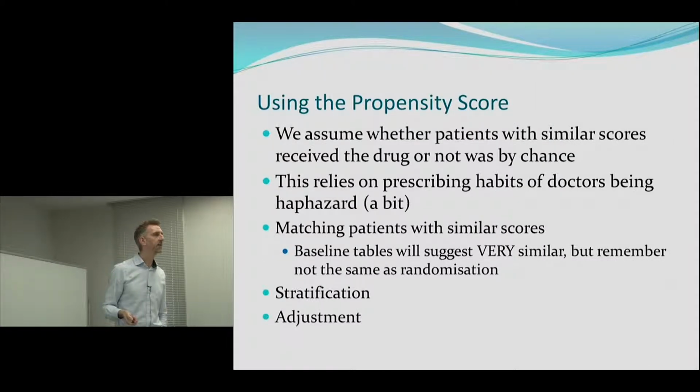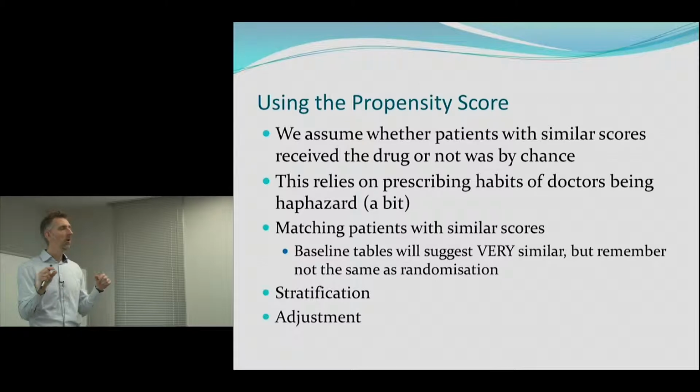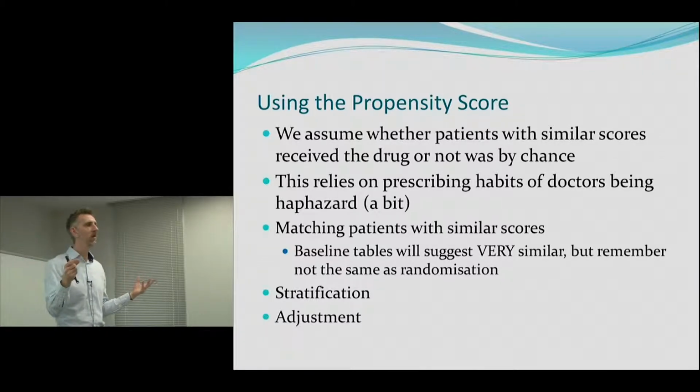Any other questions up to this point? No. Okay, so we've calculated our propensity score, having run this logistic regression model with those 30 variables, calculating for each individual patient their propensity score. We then assume that within a level of the propensity score, whether a patient received the drug or not was purely at random.